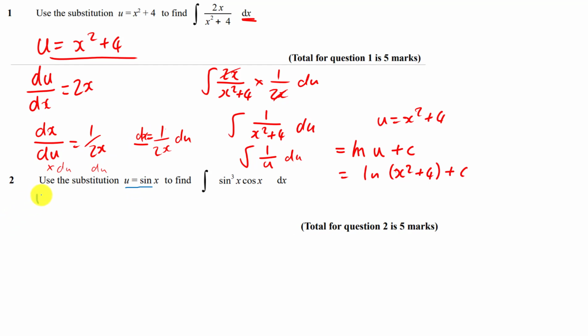Right, so if u equals sine x, what do we do next, Olu? Did you do du by dx to give you cos x? Well remembered, good work. Now, I like to do it this way because we need to replace dx, right?